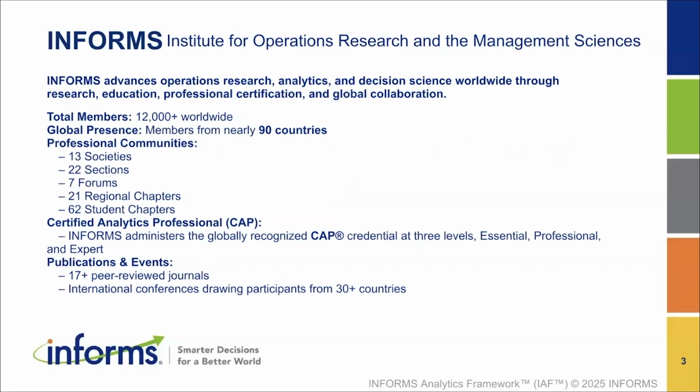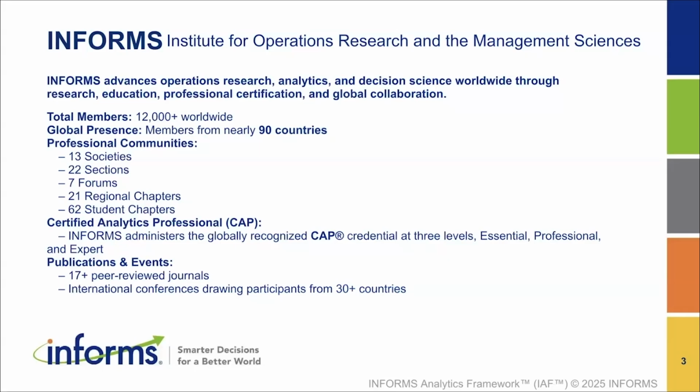For those who may not know what Informs is, Informs advances operation research, analytics, and decision science worldwide through research, education, professional certification, and global collaboration. The organization is comprised of over 12,000 members in 90 countries, representing the range of prestigious academic institutions, private sector companies from major corporations through small businesses and sole practitioners, and various public sector agencies at the federal, state, and local levels.